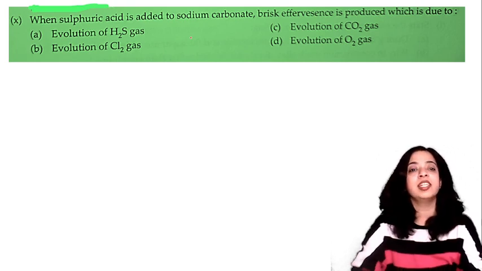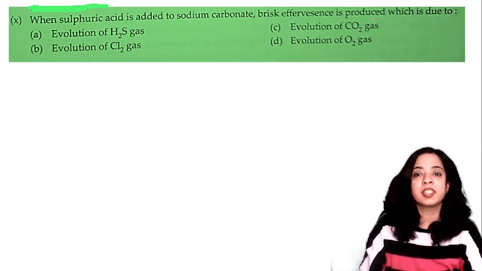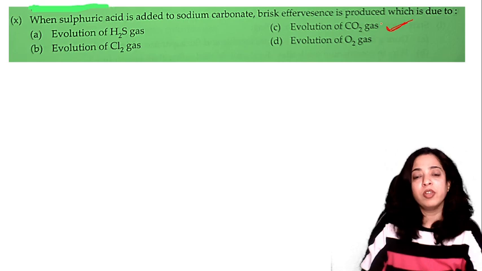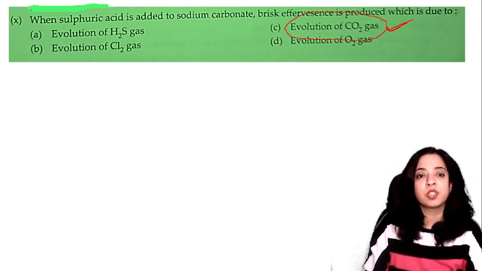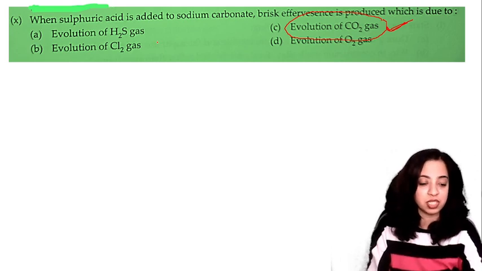When sulfuric acid is added to sodium carbonate, brisk effervescence is produced, which is due to the evolution of carbon dioxide gas. When H2SO4 reacts with sodium carbonate, CO2 will be released, and this CO2 gives that brisk effervescence.